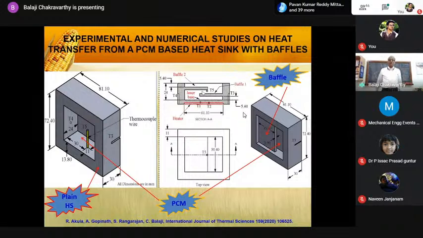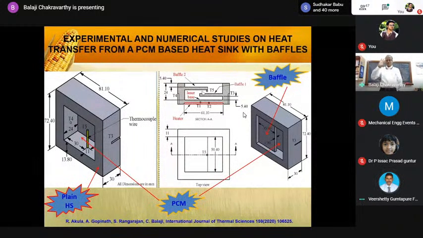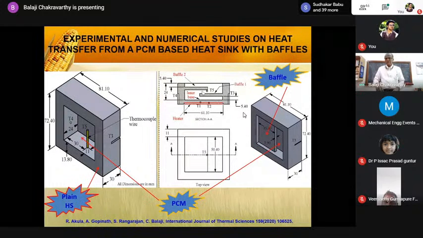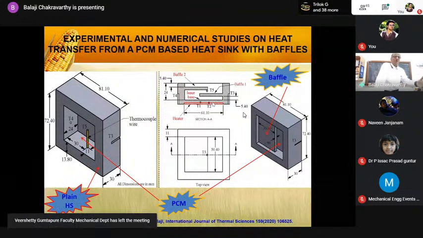Now, the whole idea is to study the performance, charging and discharging, for a heat sink with baffle and a heat sink without baffle. Therefore, it stands to reason, first you have to make two heat sinks, one with the baffle and one without the baffle. Then once you have that, you can do further experiments. You can pour the Ecozine or wax, or you need not pour.